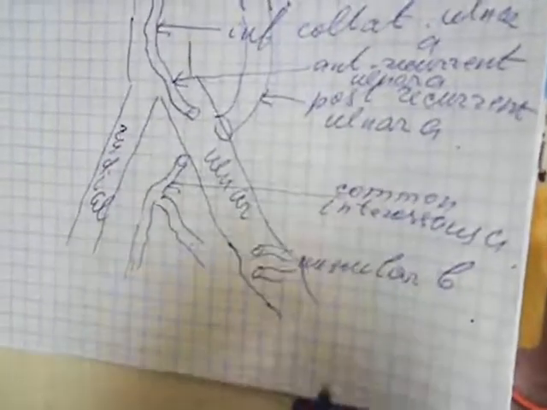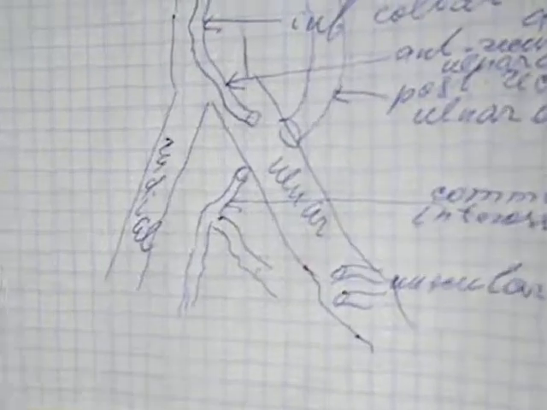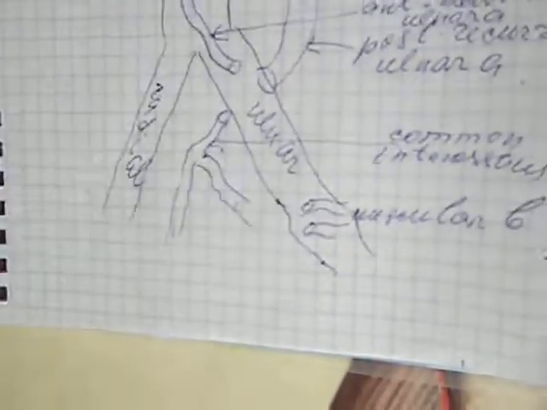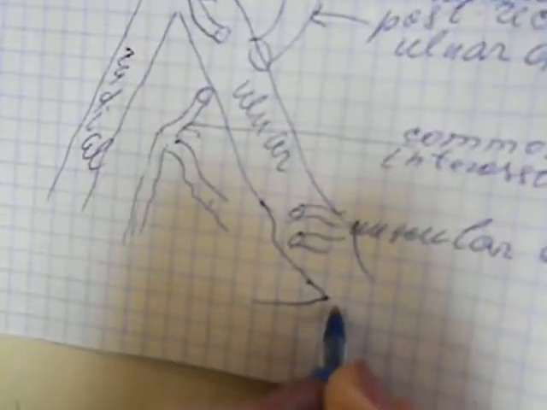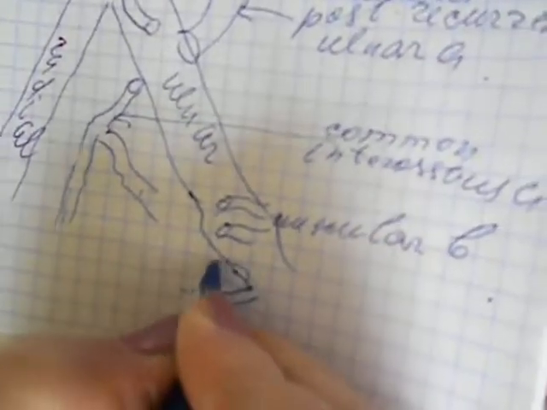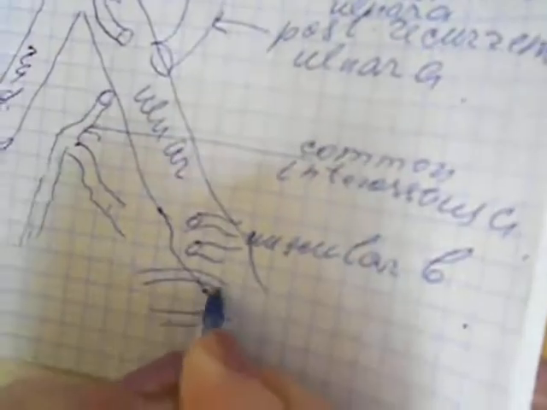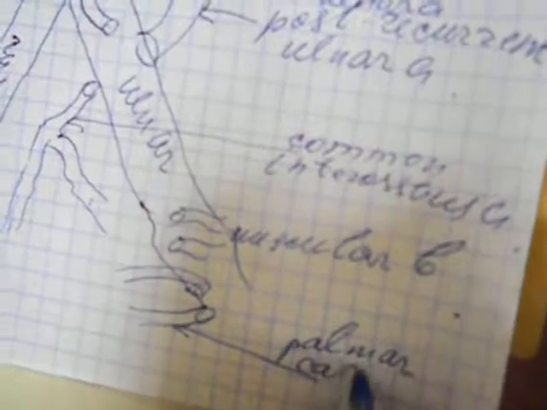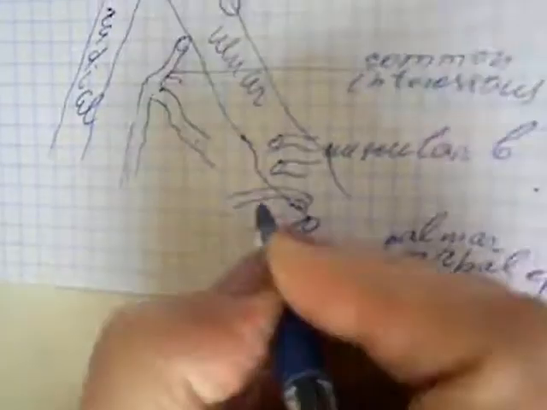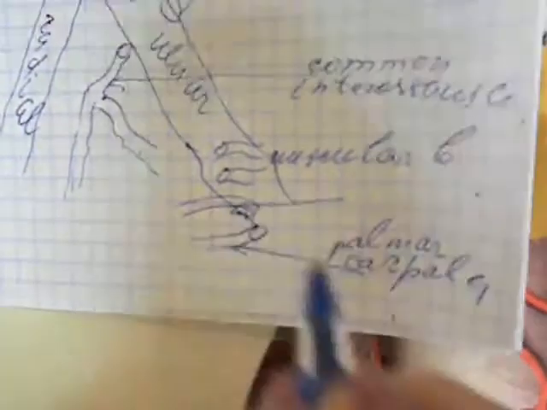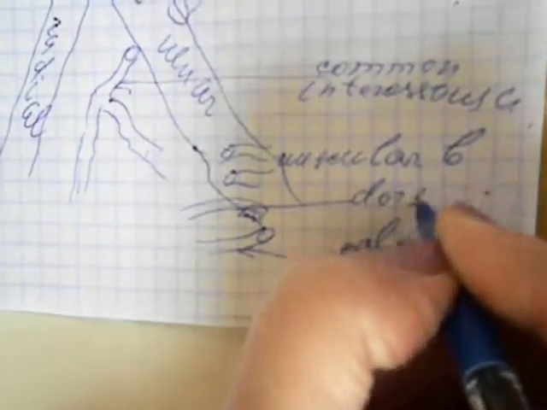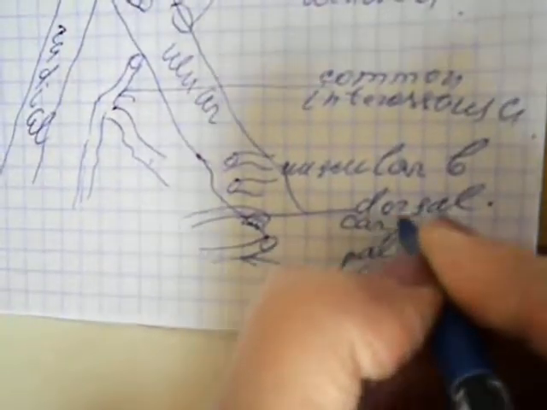Near the radiocarpal joint, ulnar artery gives palmar carpal artery and dorsal carpal artery.